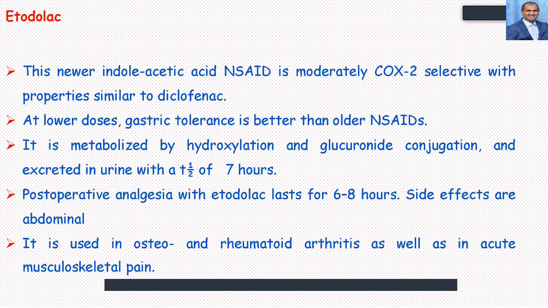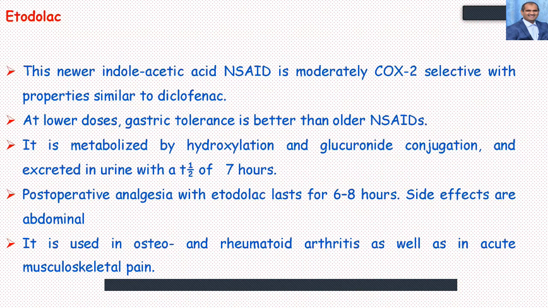Etodolac is going to act till 7 hours. Post-operative analgesia with etodolac lasts for 6 to 8 hours. Whenever we are using etodolac after surgery, we need not dose it repeatedly. Once in 12 hours is enough, and the side effects are common to those of other NSAIDs: abdominal pain, vomiting, gastric ulceration, and many more.